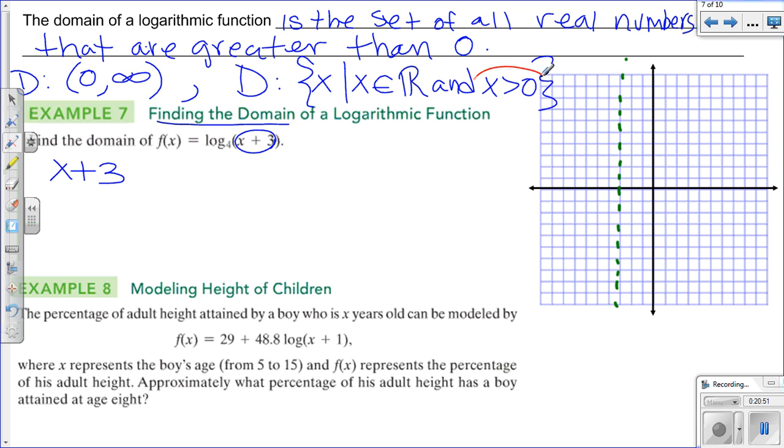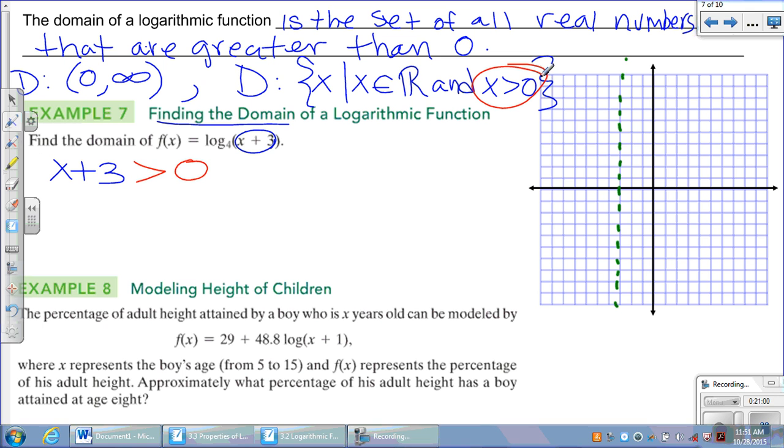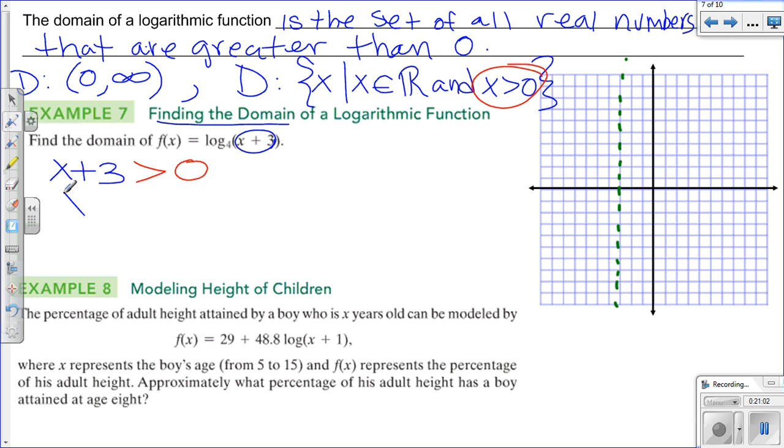It has to be greater than 0. Then we solve for x, so x must be greater than -3. And if you notice, the equation for our vertical asymptote is the line x equals -3.